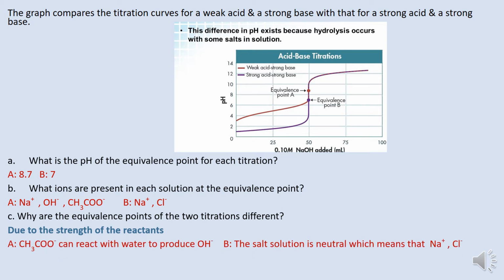In titration A, the CH3COO-, which is the ion present in the solution at the equivalence point, can react with water to produce OH-, while in B, the salt solution is neutral, which means that Na+ and Cl- do not react with water.